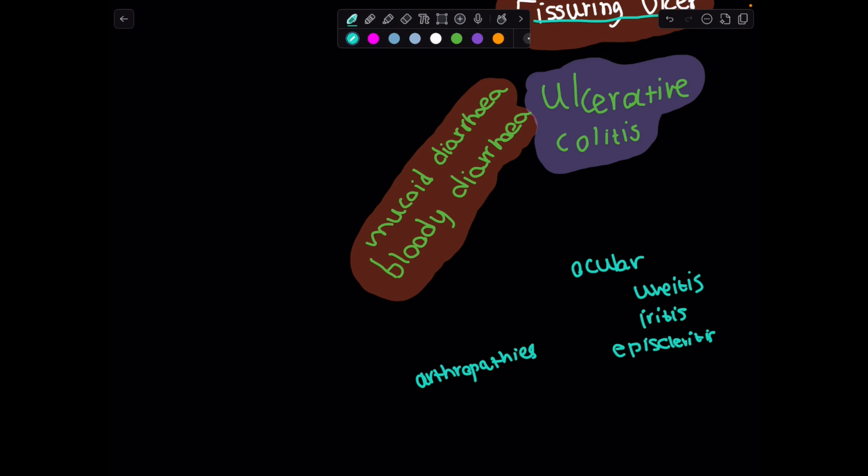Skin: erythema nodosum, painful red nodules, often on legs, and pyoderma gangrenosum, ulcerating skin lesions. Liver: primary sclerosing cholangitis, bile duct inflammation, more common in UC. These occur due to immune system dysregulation, often paralleling gut activity, though some, like PSC, progress independently, and affect up to 40% of IBD patients. Clear?